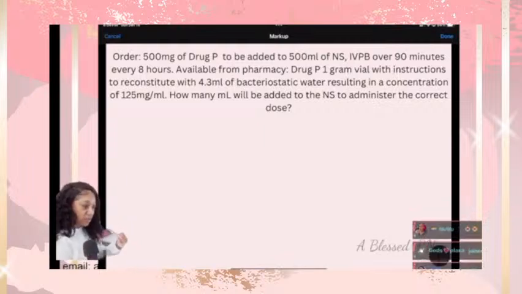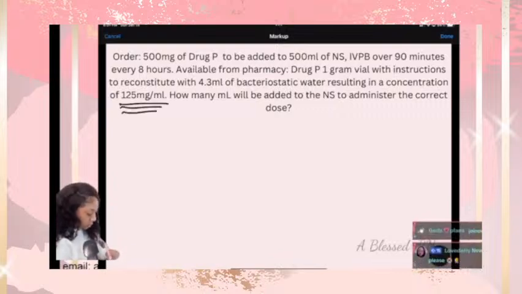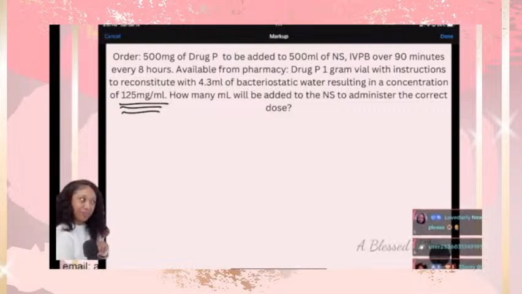It's a powder, so it needs to be reconstituted with 4.3 mLs of bacteriostatic water, which just means sterile water, okay? And then once it's reconstituted and in liquid form, you're going to have a concentration. Concentrate on the concentration. Remember? That's the only important part.